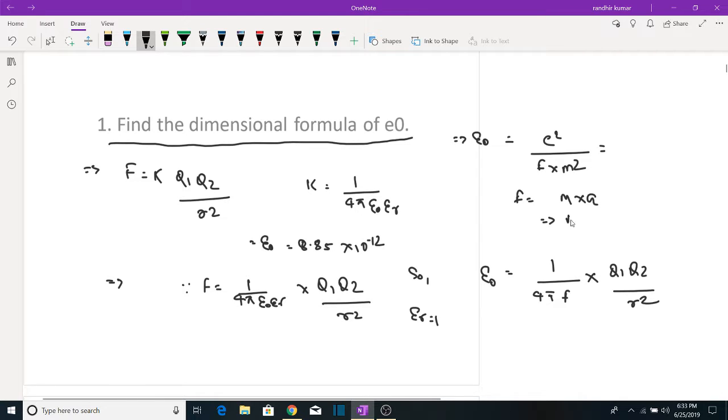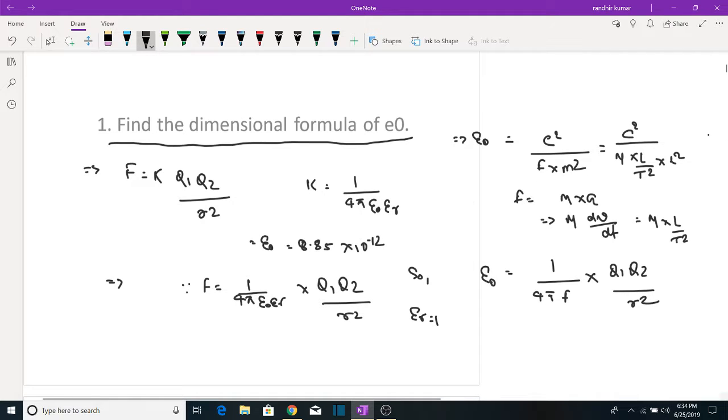The dimensional form of acceleration is dv by dt, velocity upon time, that is length upon time square. So force is mass into length upon time square, and Coulomb's square upon mass into length upon time square into meter square also.